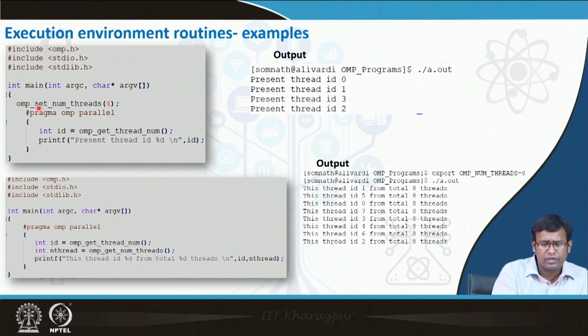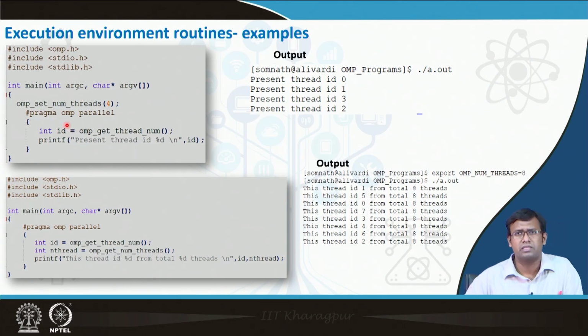While running this, if we try to set the number of threads inside the program, we can do it as a clause of parallel, or we can write the environment variable OMP set num threads. So, the number of threads is set, and this runs over this particular number of threads. The identity of one particular thread will be obtained by the environment function call OMP get thread num, which will return the thread ID. We have seen this example in the last class also, discussing the hello world program.